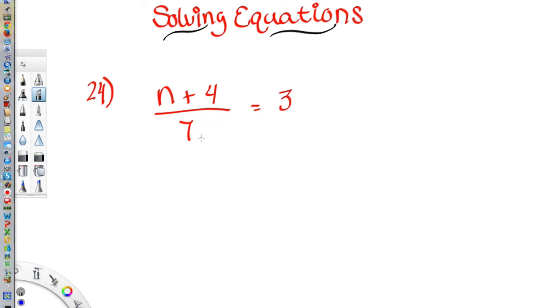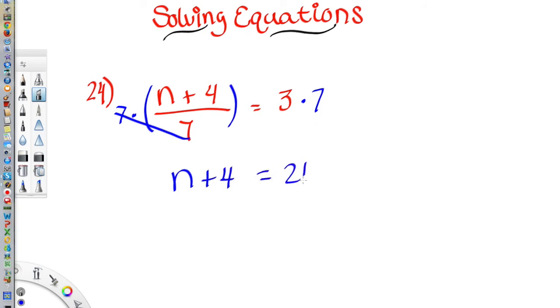Again, this is similar to the last one we did together. The variable is embedded inside the fraction, so we got to get rid of this fraction form. We need to remove this denominator of 7, and the only way we can do that is by multiplying the whole thing by 7. And what I do to one side, I'll do to the other as well to keep everything balanced. The 7's cancel each other out. I'm left with 9 plus 4 is equal to 3 times 7, which is 21.